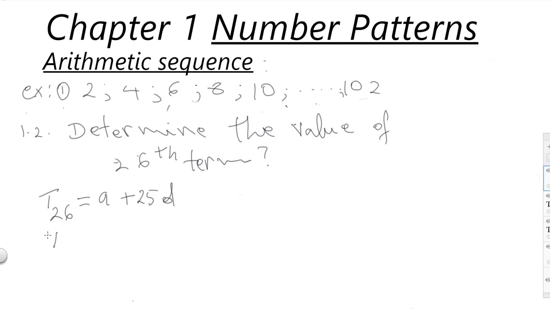Then T26 will be the first term, which is 2, plus 25 times the common difference, which is 2. This will give us 52. So T26, the 26th term, is 52.